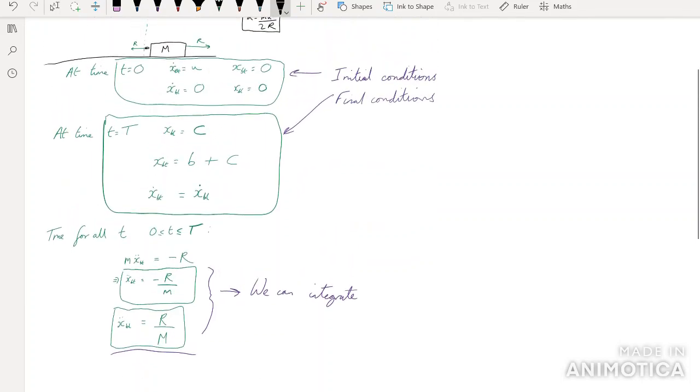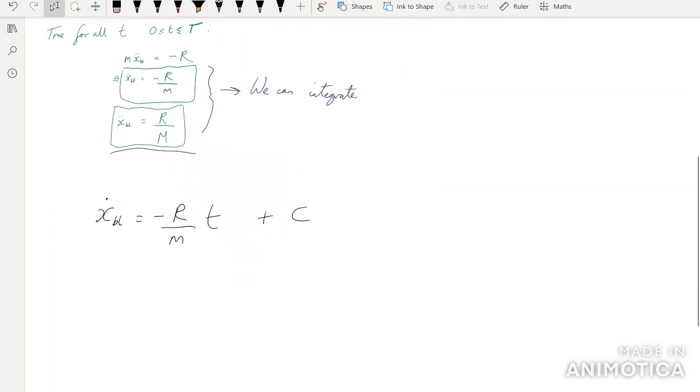If we quickly sub in that at t equals 0, x dot bullet equals u, that tells us very quickly that x dot bullet in general is going to be minus r over m t plus u.